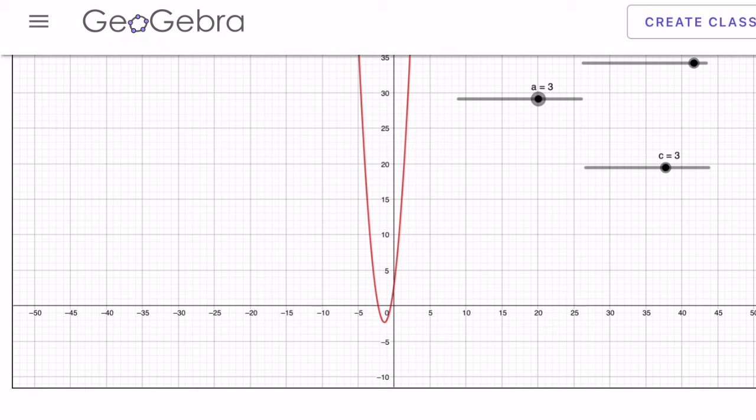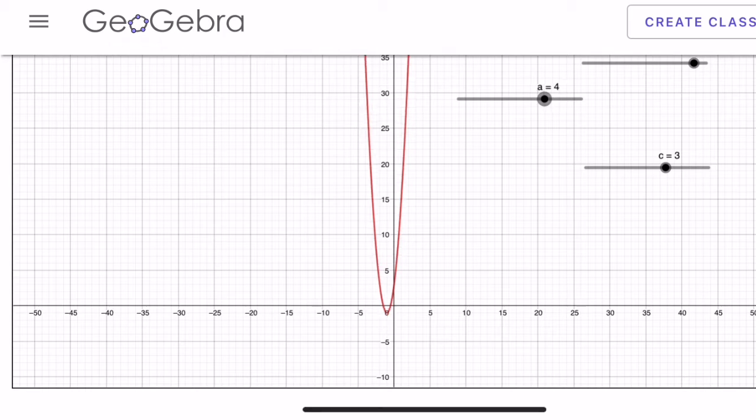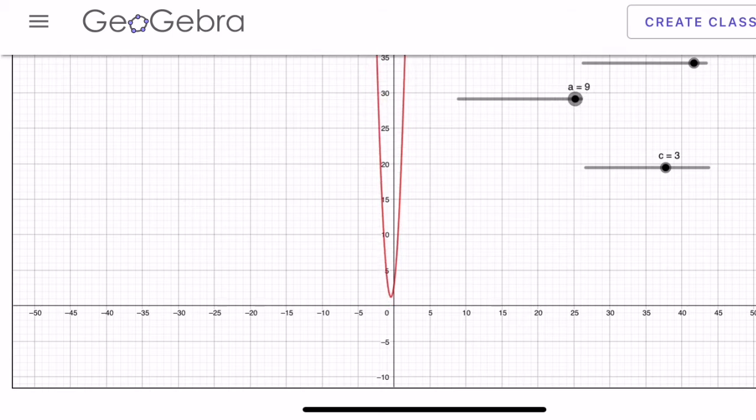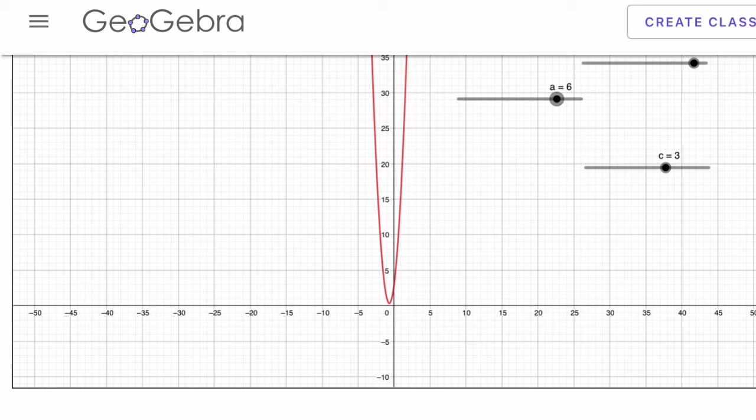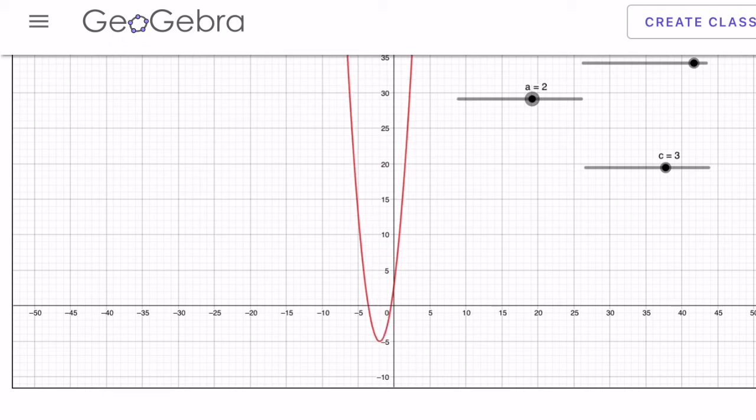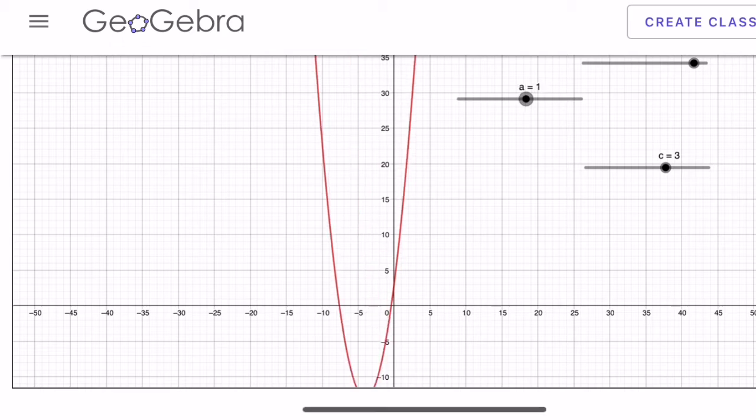It will change the shape to a U shape if a is positive, and if the a is bigger, the curve will become narrow. If the a increases, the curve of the quadratic function will become narrow. If the a decreases, it will become wider.